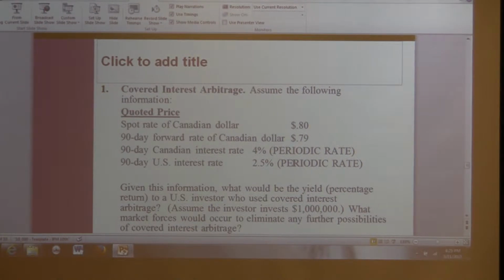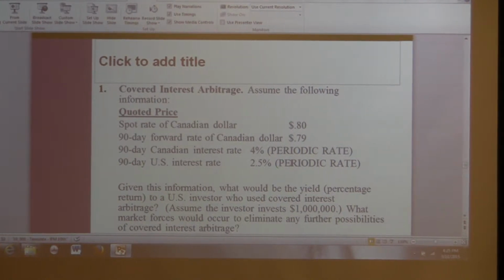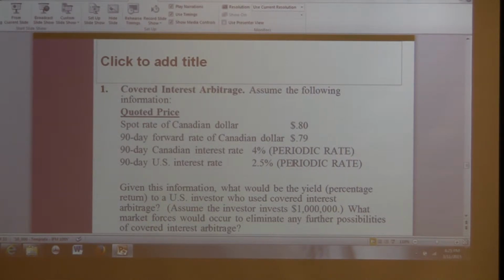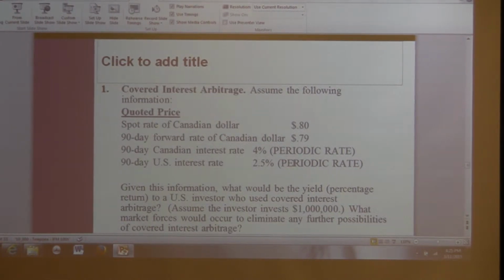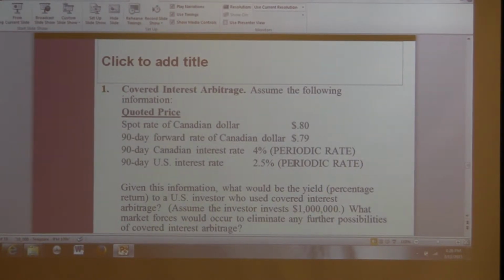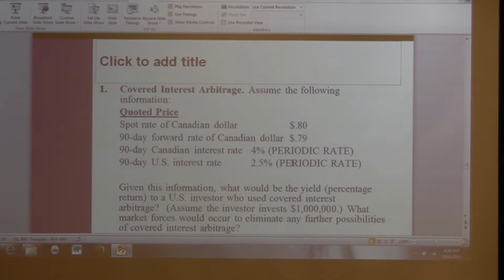So here you will have $1,300,000 in the bank, and here when you convert back, you will get 0.79. Okay. So this tells you how much you end up with, okay? When you convert your money back. So you end up with $1,027,000. Okay? Now assume that you had the 1 million, okay?